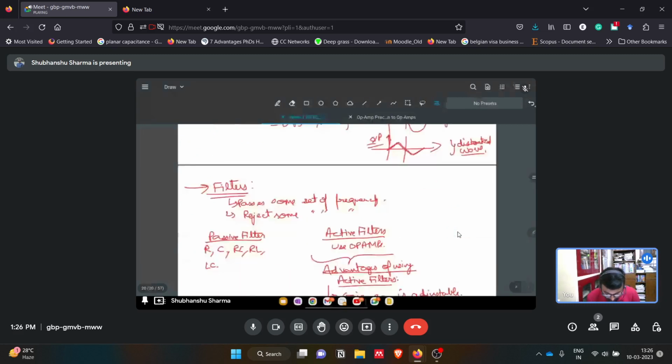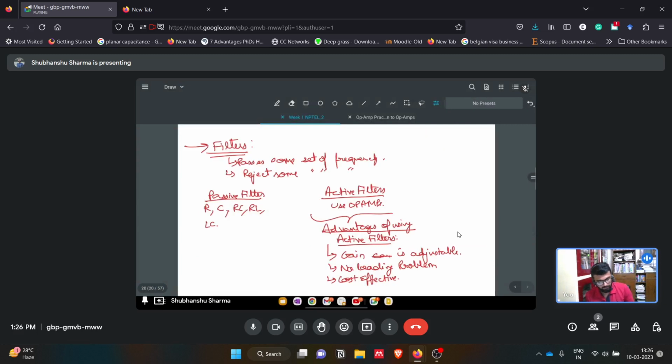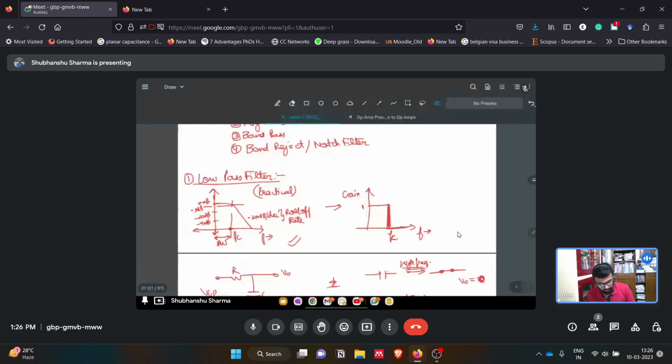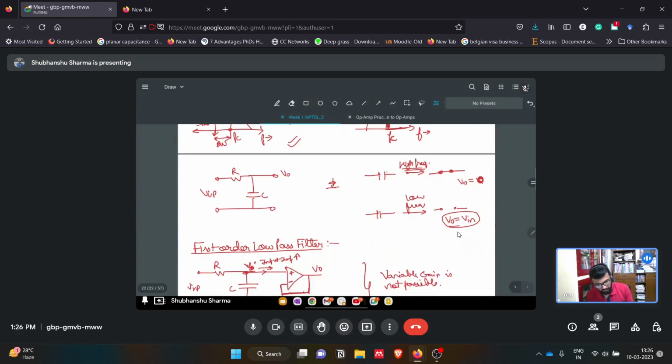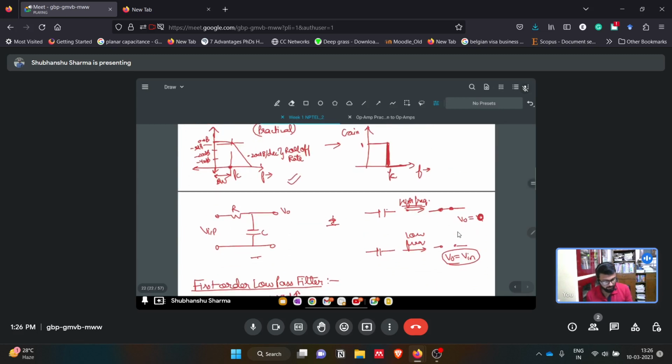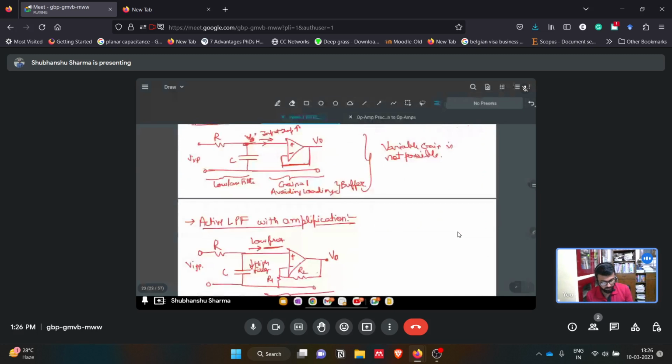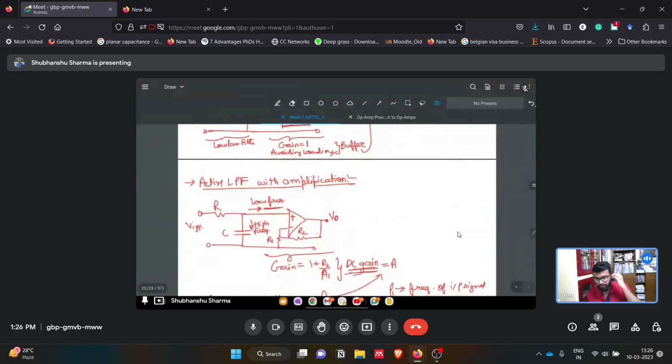Then we also talked about some filters. Initially we realized filters from passive components, then we made them using active filters. Then we talked about the low pass filter and its characteristics, its realization using passive components and then using active components like op amps. Then we also used variable amplifier gain in this active low pass filter.